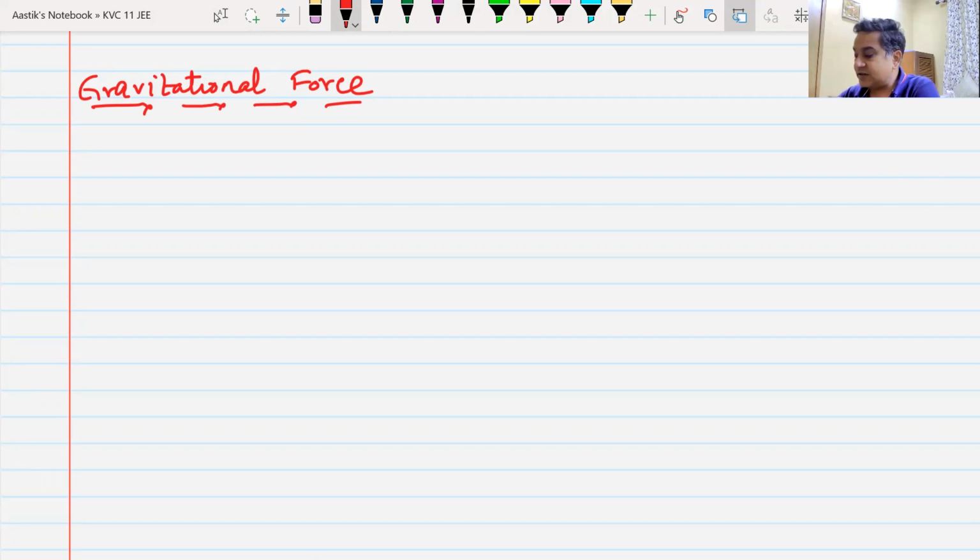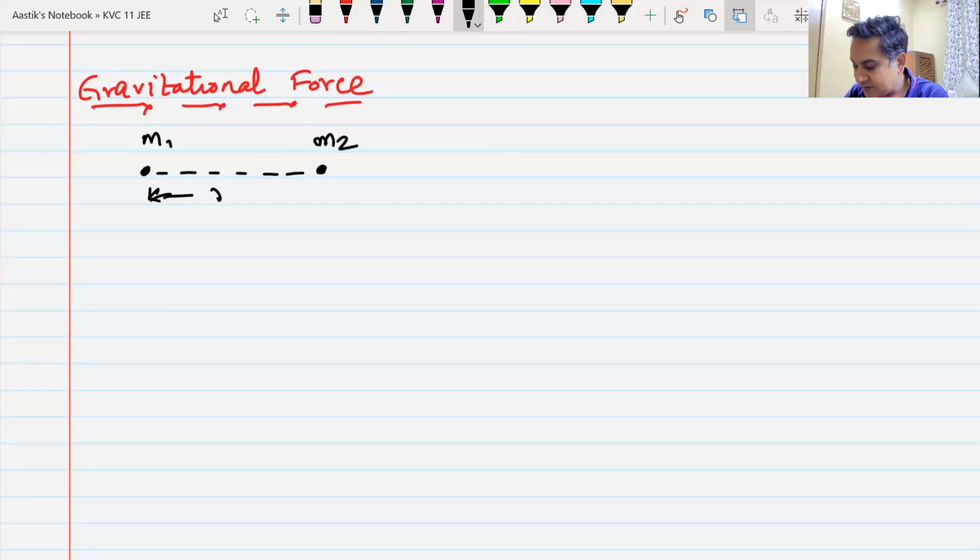We know that if you have two bodies of mass m1 and m2, separated by a distance of r, there exists a gravitational force of attraction, and that gravitational force is G m1 m2 by r squared.